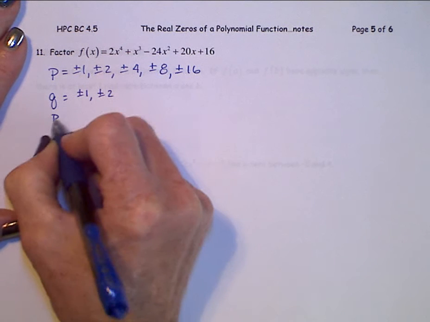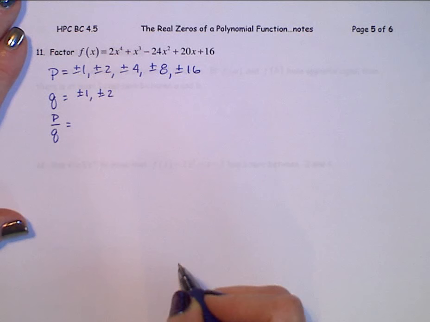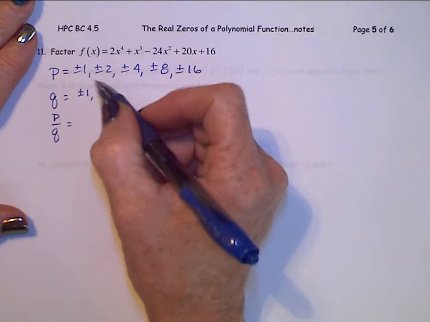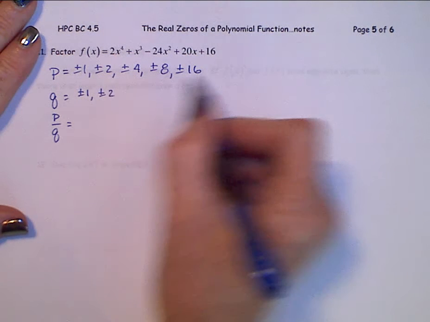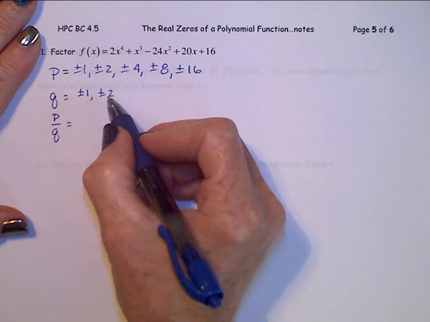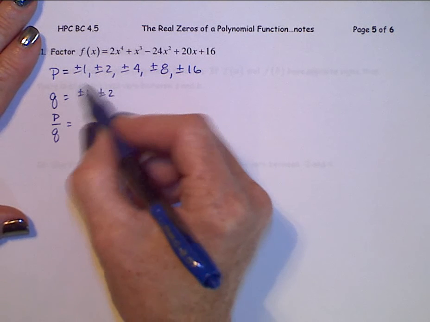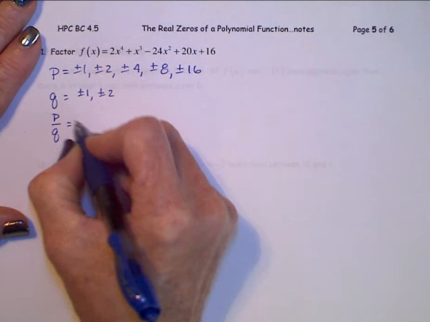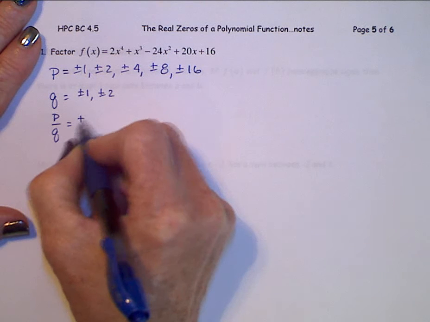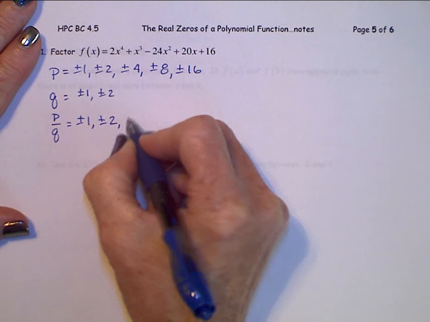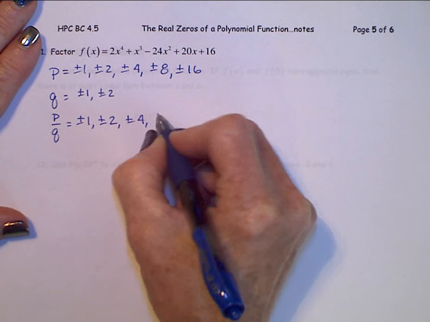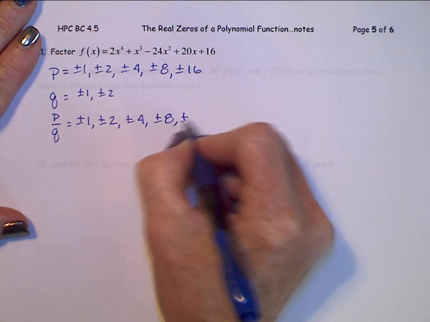And then p over q, all the combinations of these p over all of these q values. So let's start with just everything over 1, which is exactly p. So plus or minus 1, 2, 4, 8, 16.